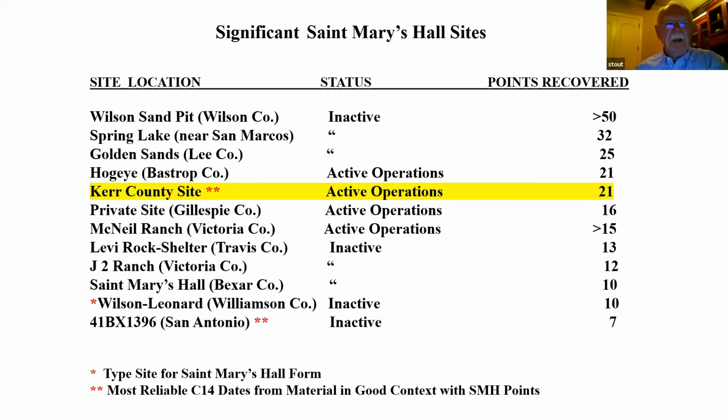And we found the 22nd one today. It was a St. Mary's that had been broken and resharpened into a drill, but it was still a St. Mary's Hall. So that makes 22 St. Mary's Hall points from this site in a relatively small area, really a relatively small area.